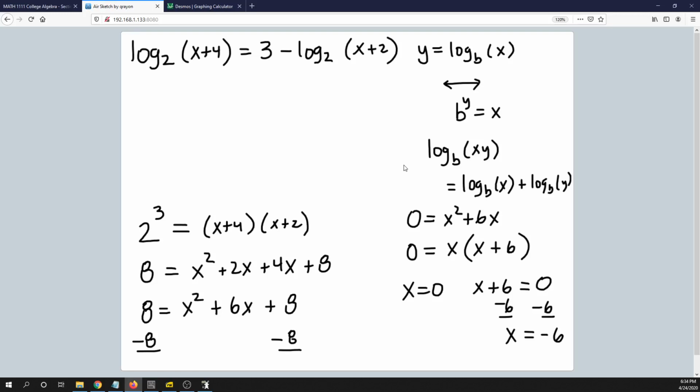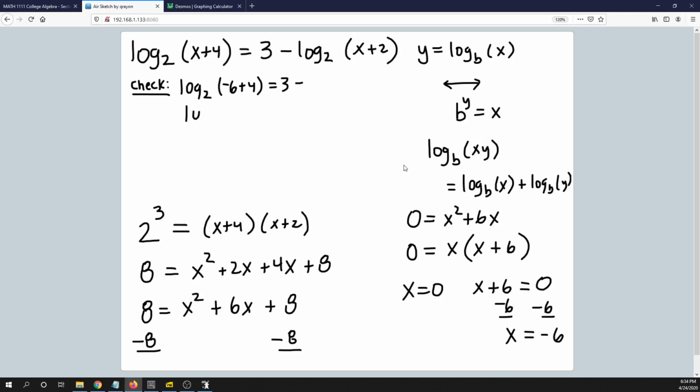All right, so the first one we're going to check is the negative 6, right? So when I plug this in, I'm going to get log base 2 of negative 6 plus 4. And then I'm really not going to even bother to go any further because straight away something bad happens, right?